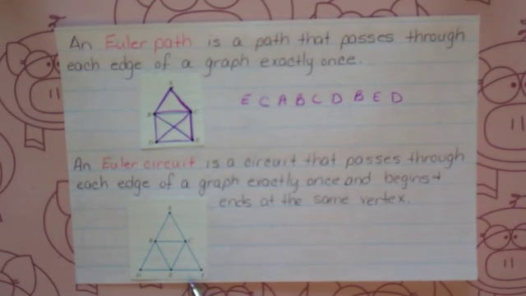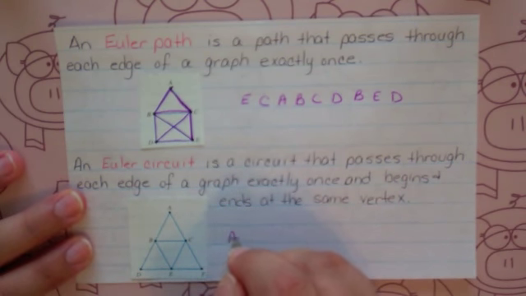Alright, so on this one I want to come up with an Euler circuit. And in an Euler circuit, I need to go through each edge and I need to end up where I started at. So wherever I start, I need to end my path there. Okay, so where do we want to start?